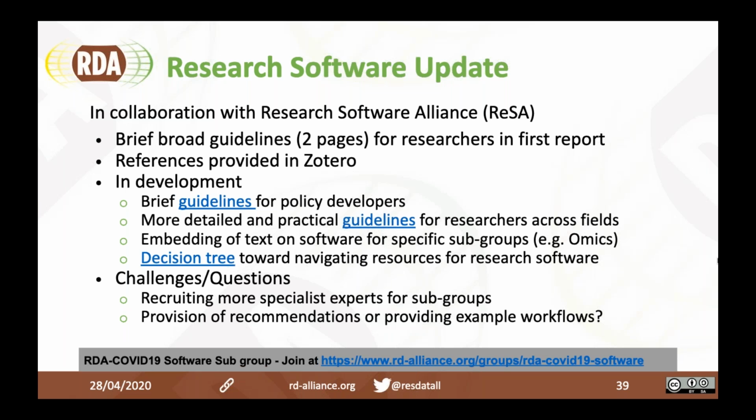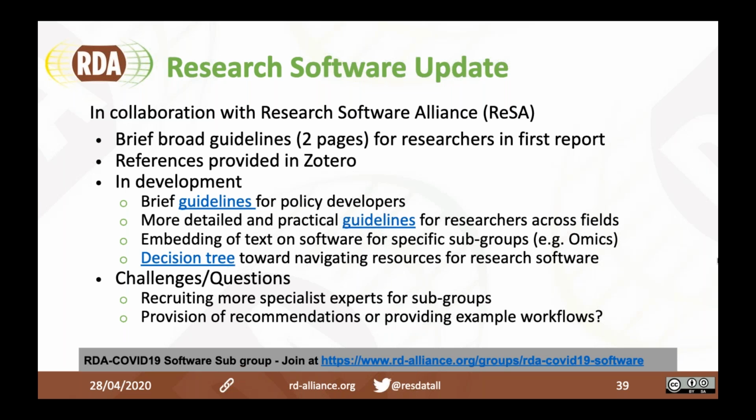Within, for example, the omics subgroup, there's a call to say we need to develop text specifically talking about software within the subgroup. So there we need to contribute. Again, there's a link on the slide deck to an initial decision tree, which matches up those broad guidelines we discussed that have been released initially.